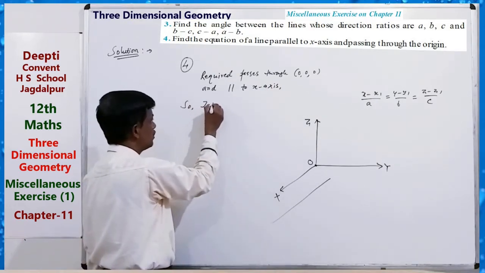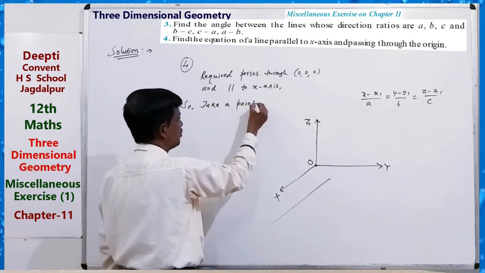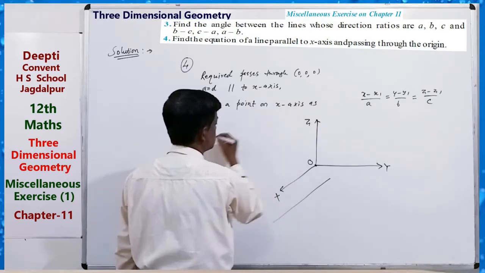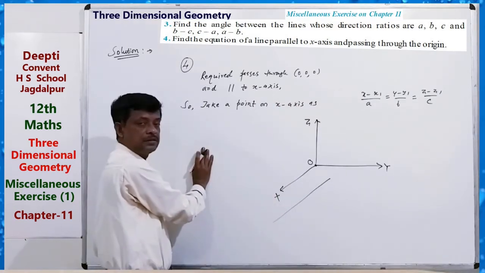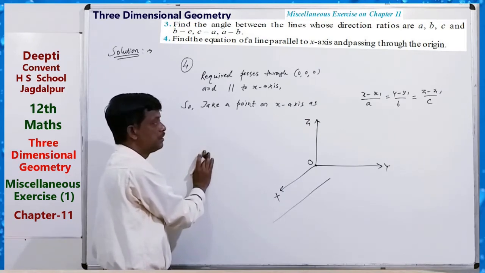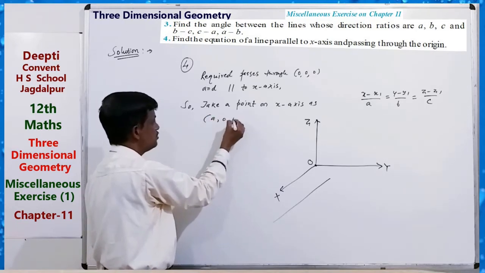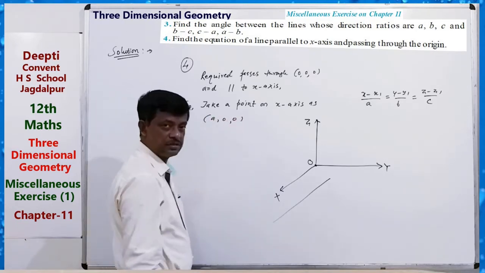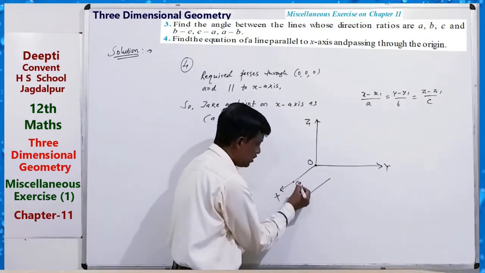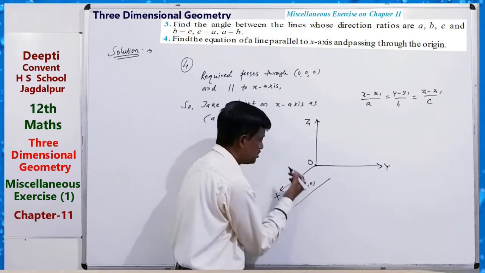Take a point on the x-axis as A, 0, 0, because a point on the x-axis has some value a as its x coordinate and the remaining coordinates are 0.